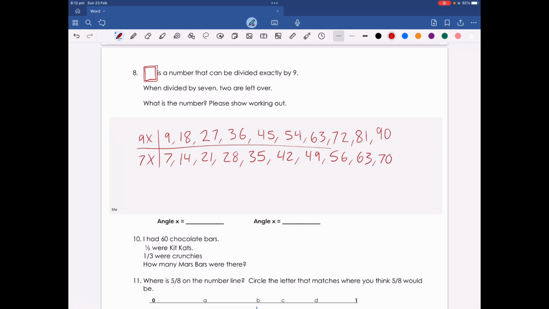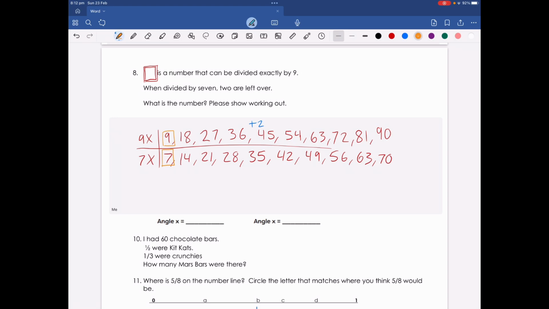So when divided by 7, 2 are left over. So that means whichever value up here needs to be 2 more than a similar value seen below in this row. So let's have a look. We'll use our yellow. If we look at our first one, this is actually 2 more than this one. So essentially, that could be your answer.